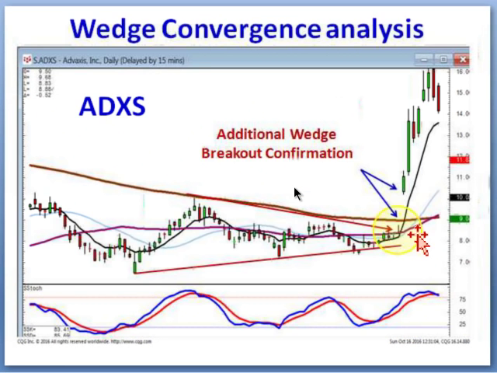Kind of a wedge pattern here, also coming up off the T-line. So if we can see there's a wedge, and it gapped way up, if you were like me back in the days before candlesticks came along, my first inclination was, man, I don't want to chase after this. This has already moved too far.